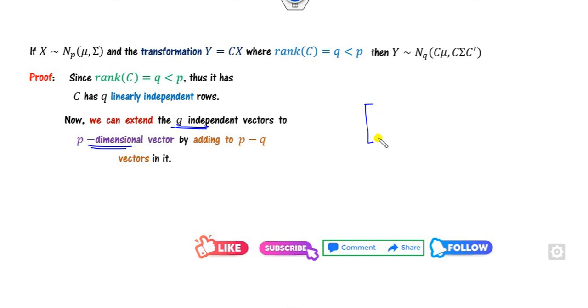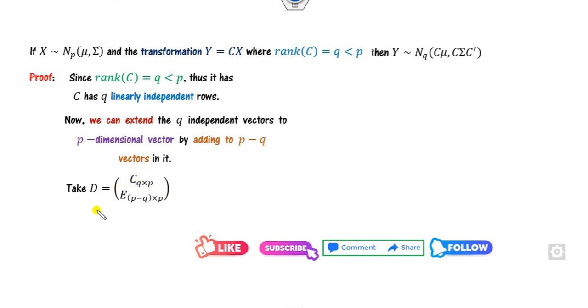How? You can see I need a P cross 1 vector, but it is a Q vector. So I say C is a Q matrix. Fine. Now can I add E of P minus Q vectors? So I can add P minus Q vectors so that it becomes as here.